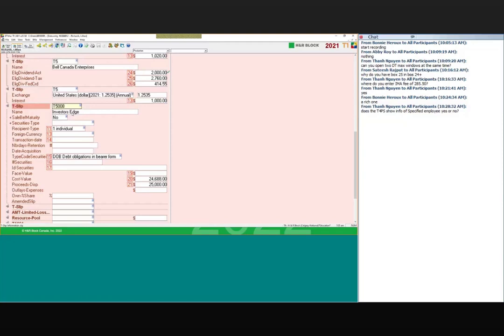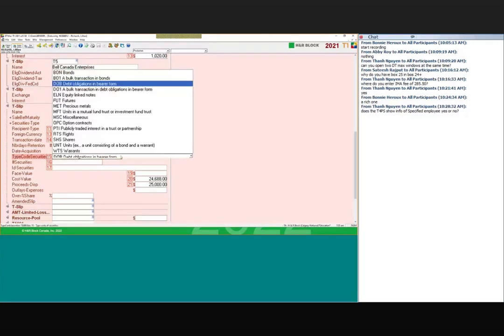And in this case, code 15, let's see what it means. We go to here, to type of security, and these are all the different types of securities that could be represented on a T5008. The most common one would be the debt obligations, like a T-bill, something that would mature in less than a year.